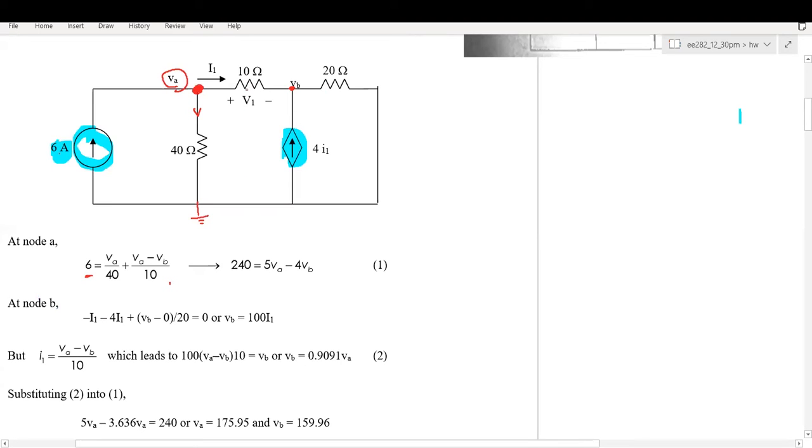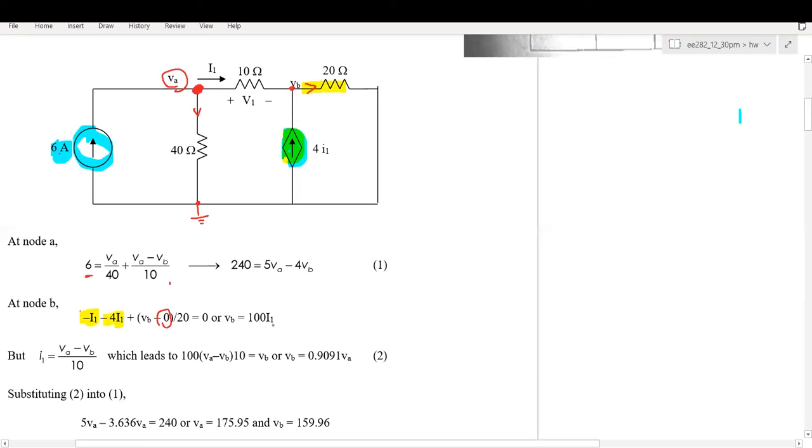For the second equation, we have the current flow into equals the current flow out. Current flowing into, we take negative, that's minus I1, and minus 4 I1, that's from this controlled source. And this current flow out, that will be in this direction, that will be VB divided by 20, minus 0, which means that the voltage at the reference node is 0 volt.